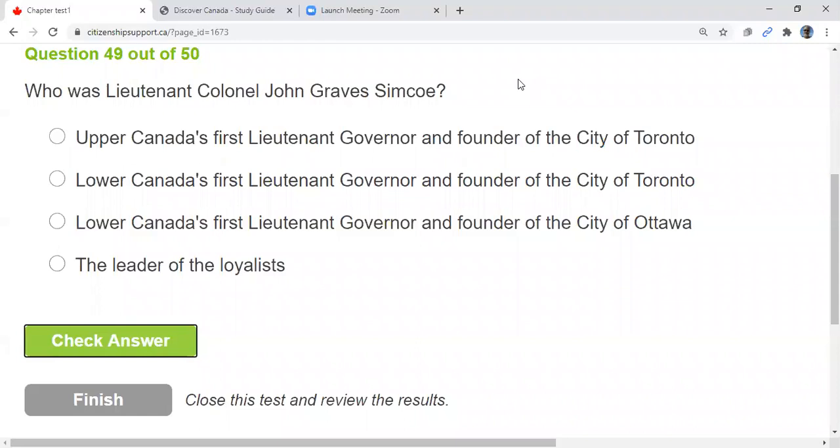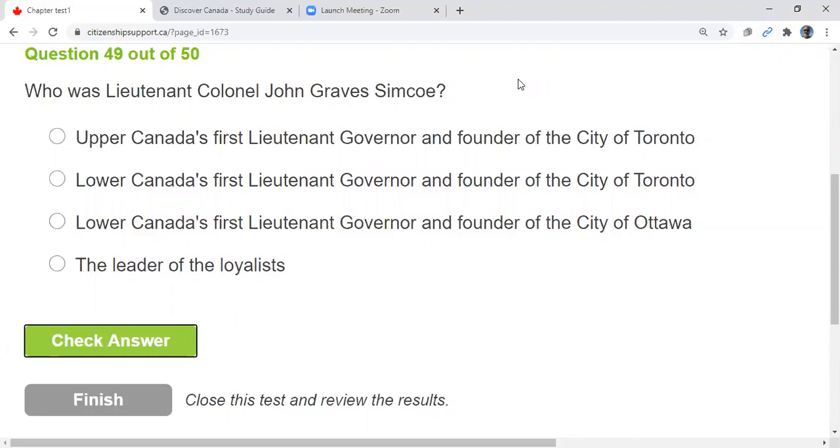Then let's see. This one is Zenibada. Lots of reading. Okay. Who was Lieutenant Colonel John Graves Simcoe?